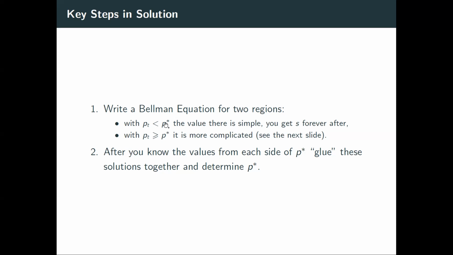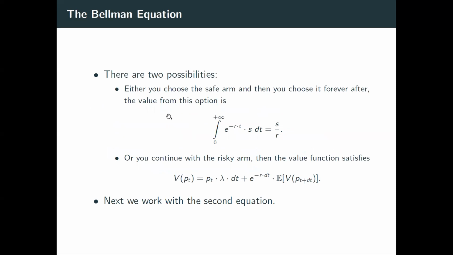In this case, when p_t is smaller than P star, then the value you get is quite simple, right? Because it's the same as just getting the flow payoff of s forever after. That is, you integrate s from now to plus infinity. You have some discount rate r, and you integrate with respect to time.